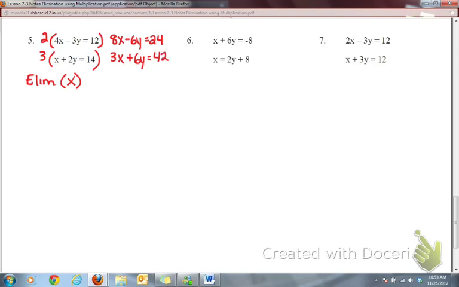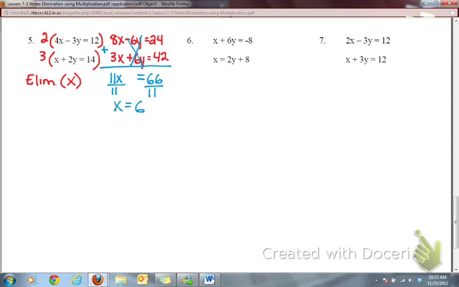And again, because the y's are now the same, but they're opposite signs, we are going to add the equations. So that will give me 11x. The y's will go away. They are eliminated. And 24 plus 42 is 66. Divide by 11, and x equals 6.